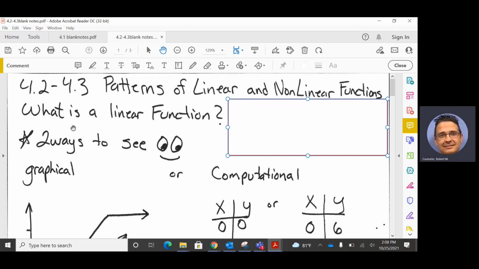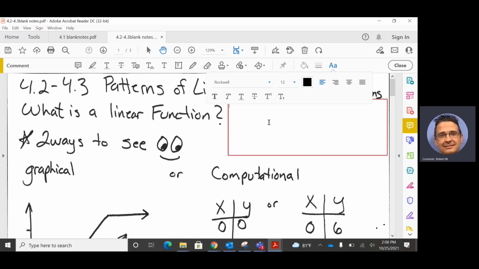So what we're going to start with is, what is a linear function? First off, let's think of a few things. We talked about this. A linear function is a straight line. If you notice, why is it straight?